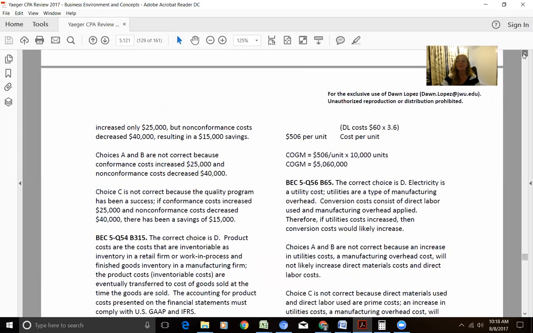It also tells us in the problem that we plan to manufacture 10,000 units. So if I take 506 and multiply it by 10,000 units, I would get cost of goods manufactured of $5,060,000. That is the answer to the question of how much I should budget for cost of goods manufactured.